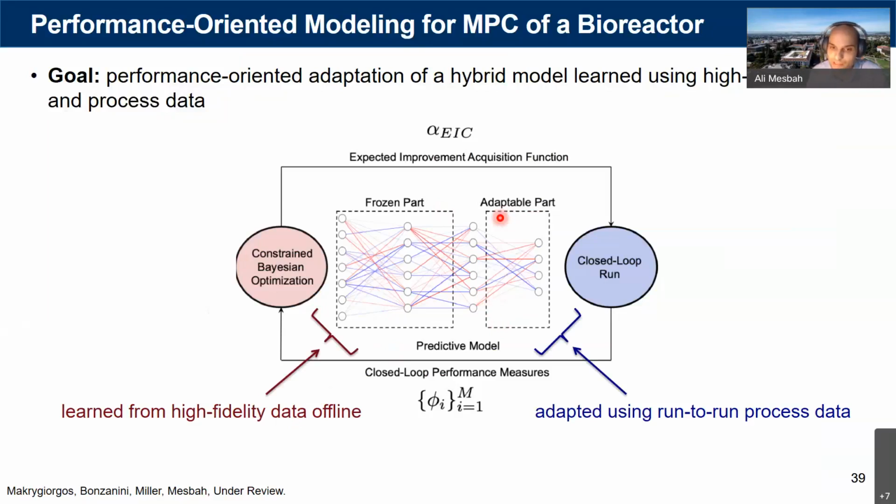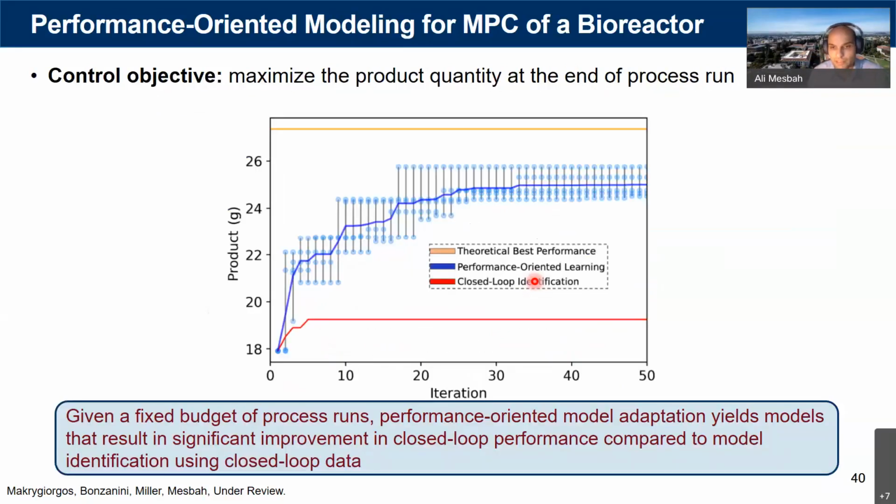And the idea here was how we can use Bayesian optimization, in fact constrained Bayesian optimization, to adapt the parameters, in other words the quality of this model, in a performance-oriented way. And this is basically the key result that I would like to discuss with you.